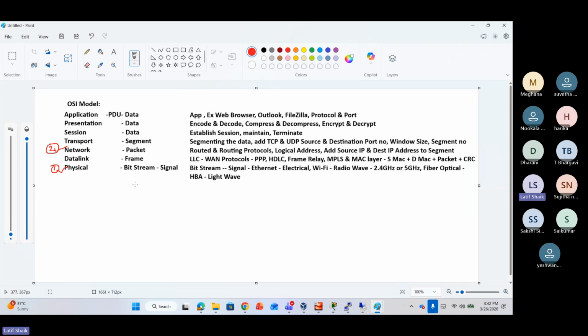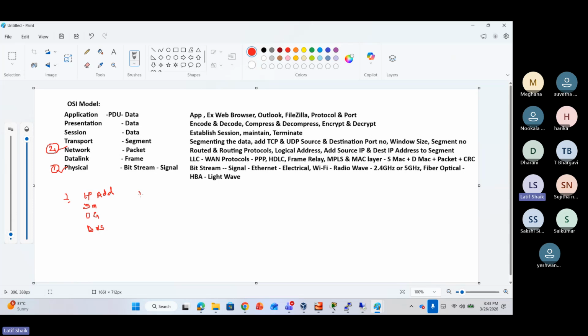In IP address verification, check that your IP address, subnet mask, default gateway, and DNS address are properly configured.